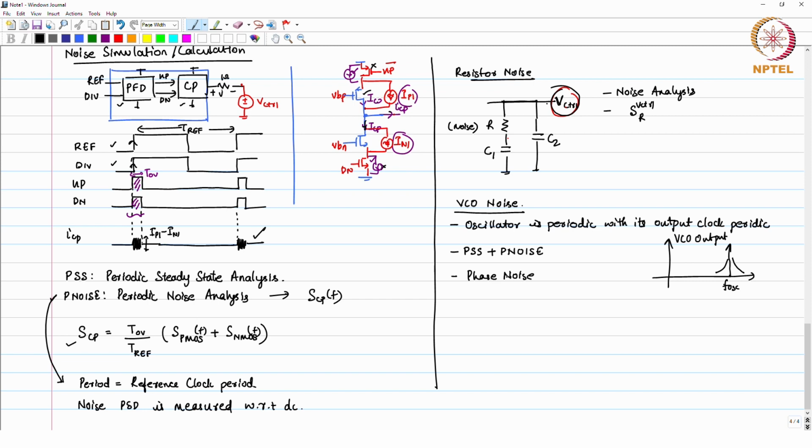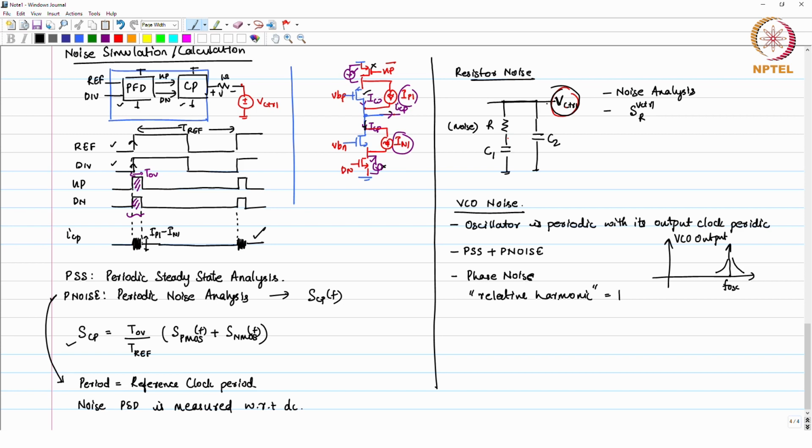You will have options to find that phase noise, and that phase noise is found in PNOISE analysis with harmonic equal to 1 relative to the beat frequency. This is important here, because when we are simulating the oscillator using PSS analysis, it is periodic with the oscillation period.